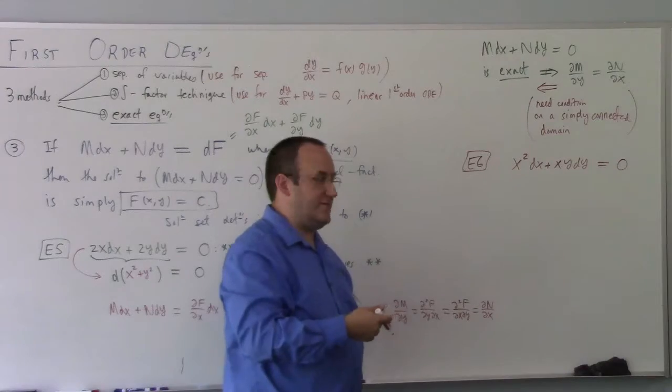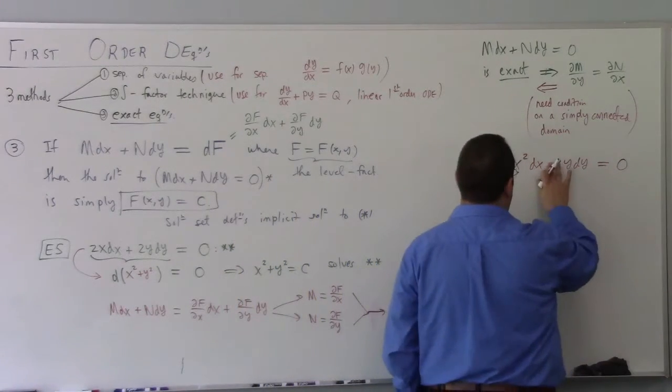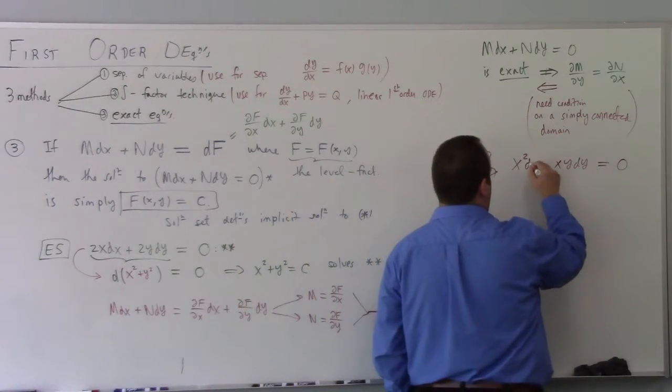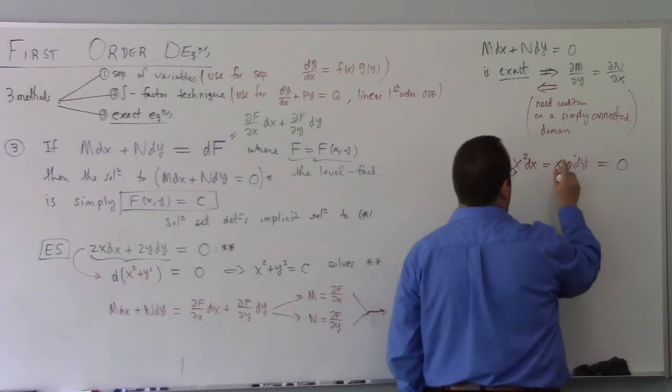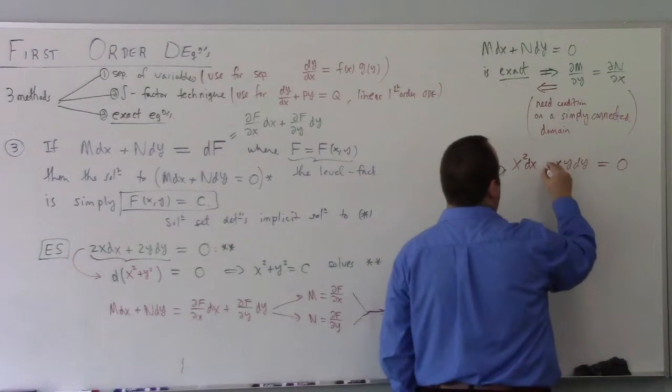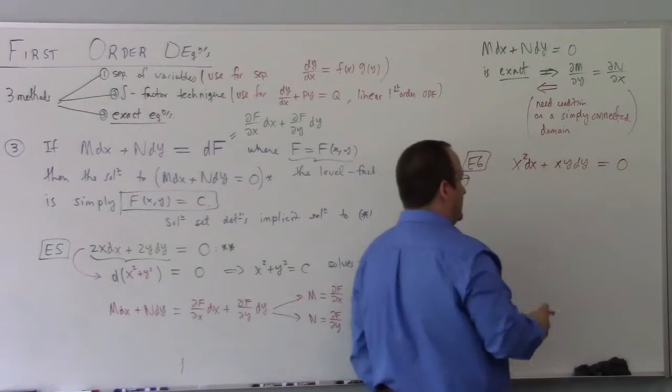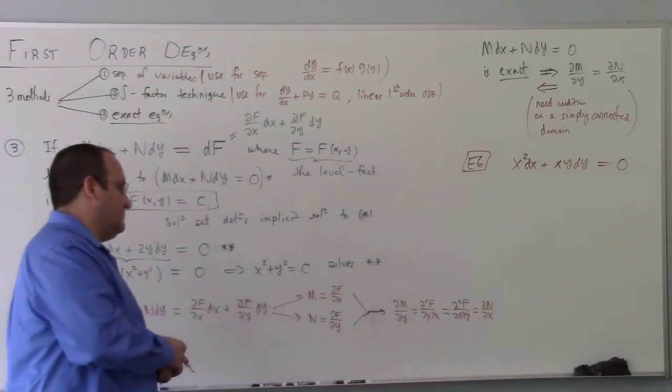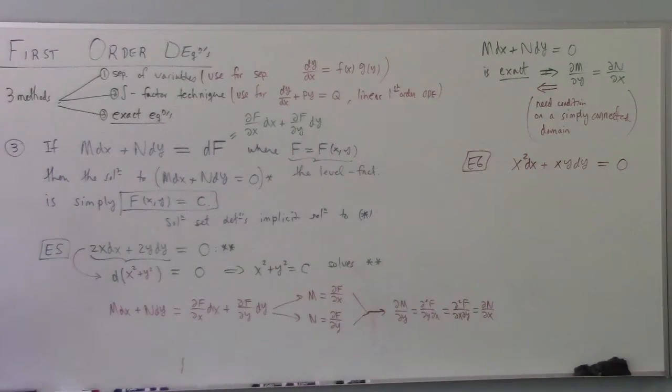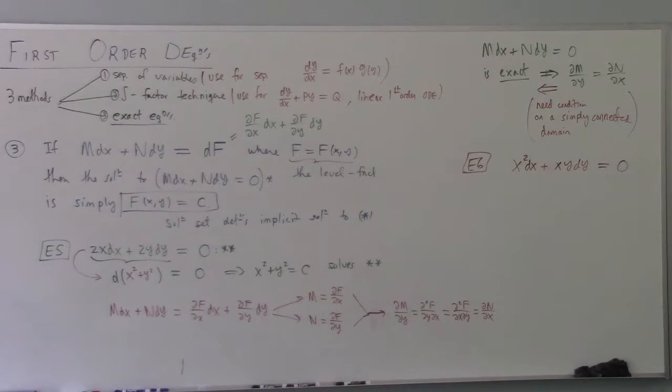If I had this differential equation in Pfaffian form, and by the way, guys, you could go back to the regular form by just solving for dy dx if you want, but obviously the Pfaffian form is the more natural one to look at for this discussion. So is this an exact equation?